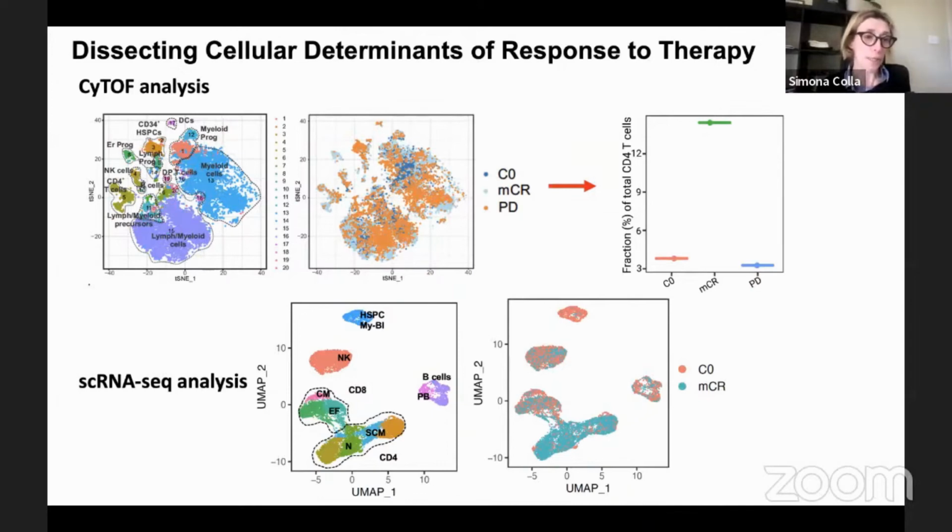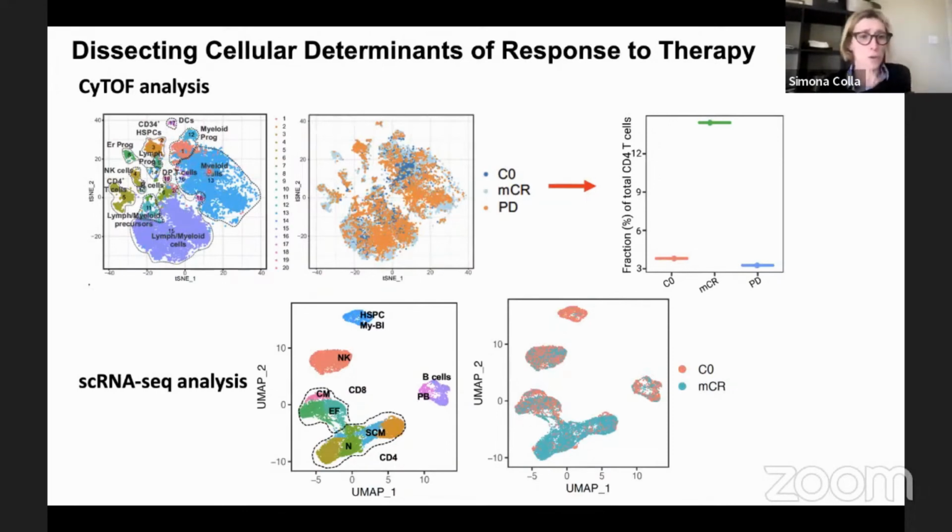Here I'm showing only the populations. And we looked at how these populations change over the treatment, the therapy of this patient. And again, this is a representative experiment, but these results were confirmed in 5 other samples.